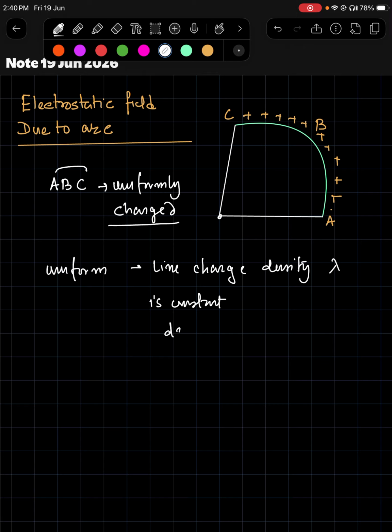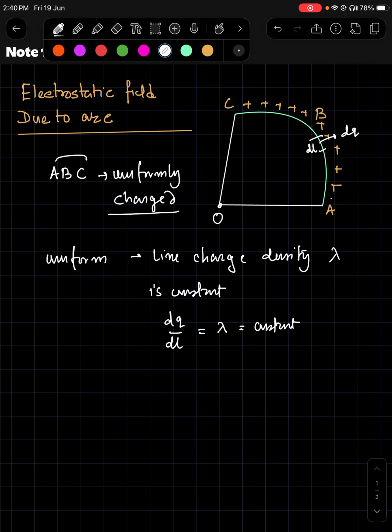That means dq/dl is constant, where dl is a small line element and dq is the charge in dl, and this ratio is called lambda. We have to find the electric field at the center of the arc due to the whole, fully charged arc.